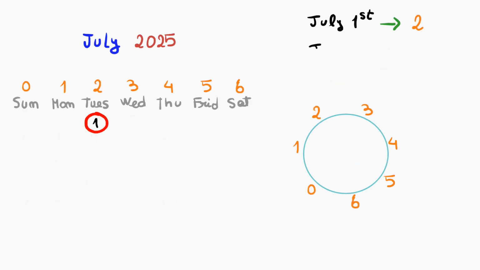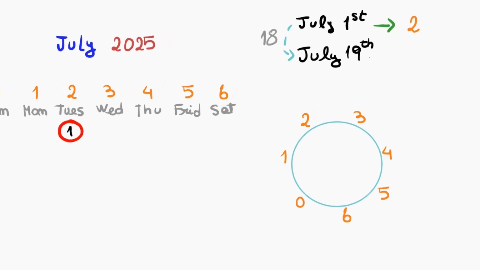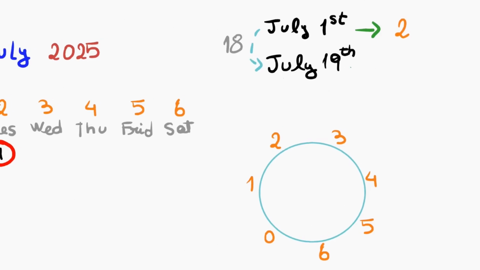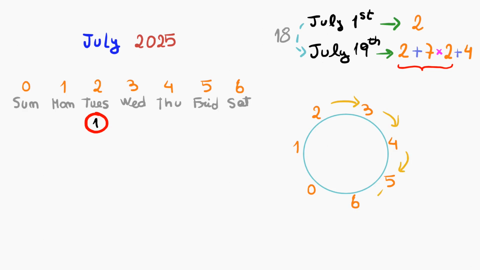Another example is July 19th. Since this occurs 18 days after July 1st, we would have to add 18 to day 2, obtaining 20. Again, day 20 does not exist, so in this case we write 18 as 7 times 2 plus 4. However, adding 2 times 7 to 2 means adding 7 and then adding 7 again, which again gives us 2 as the result.